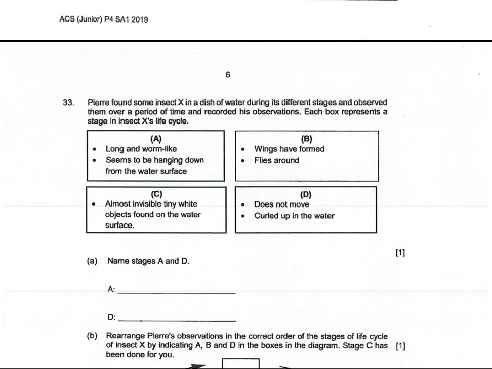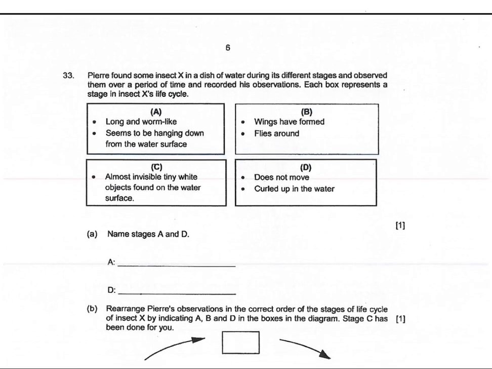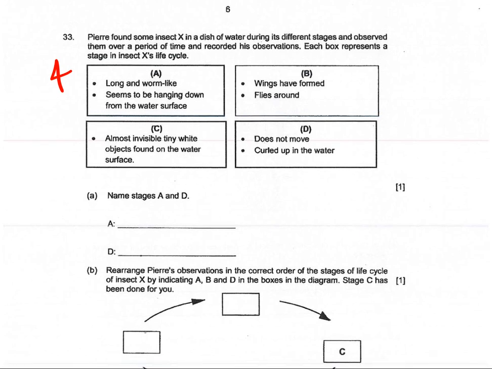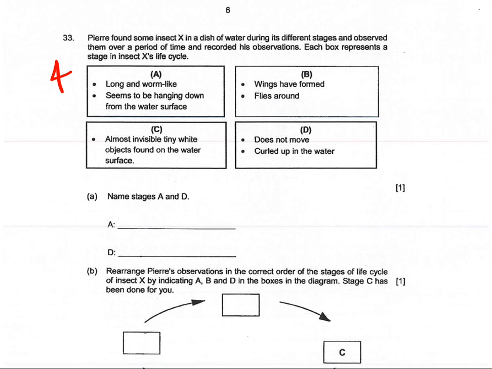1 mark only, yeah? So question number 33, Pierre found some insect eggs in a dish of water during its different stages and observed them over a period of time and recorded his observation. Each block represents a stage in the insect life cycle, so you know it is a 4-stage life cycle insect. Okay, so name stage A and B. Long and worm-like, seems to be hanging down from the water surface.